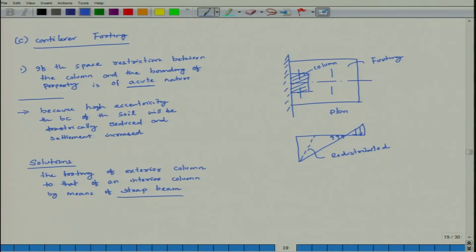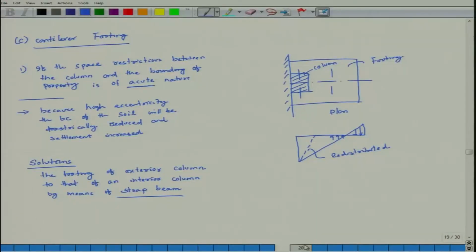Look at here. Why is it called cantilever footing? Because hardly there is any space in the boundary, your column load has to be applied. Once you apply the column load, the CG is shifted. Because of that it becomes highly eccentric, and you are supposed to get a high settlement. What is the solution? The exterior column has to be joined to the interior column by means of a strap beam, that is called strap beam.